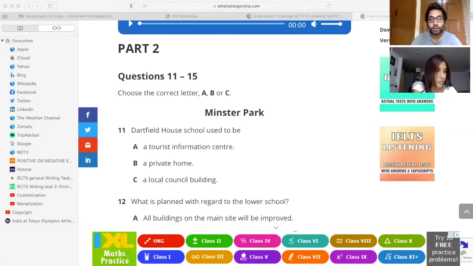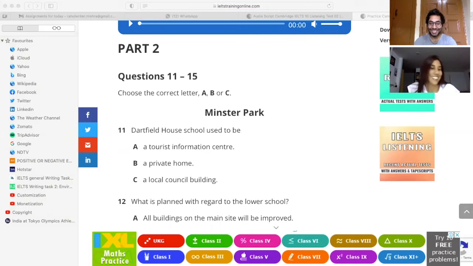That is true. But later on, the heir of the original owner sold it to the Yokai Council. So it became the Yokai Council building. Easy. And why is there a mistake?